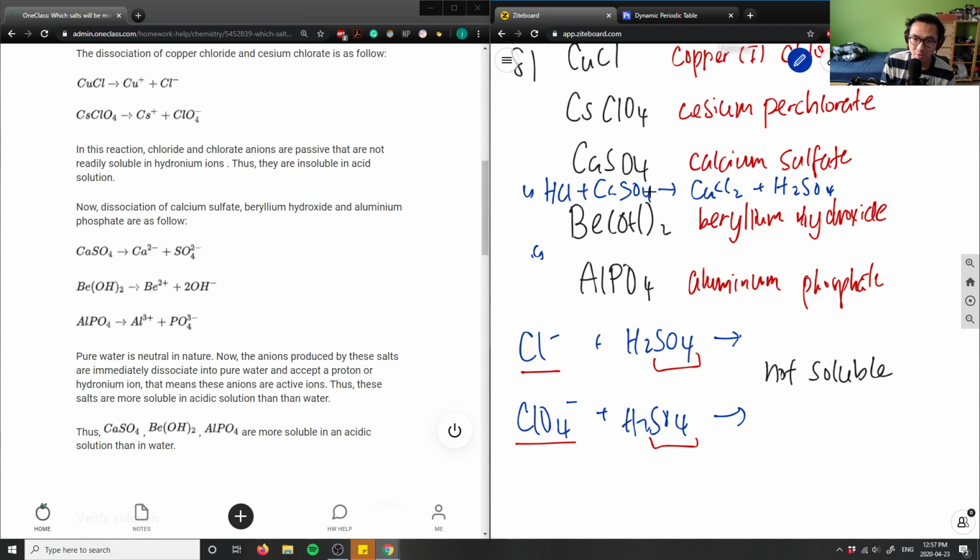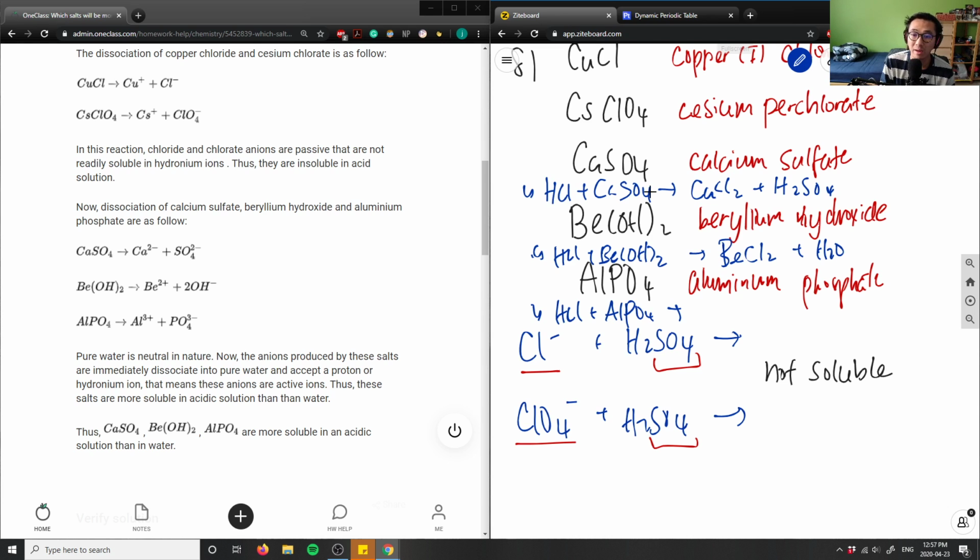If I were to dissolve beryllium hydroxide, HCl plus Be(OH)2, this one would actually be a neutralization reaction, right? You have a base and an acid, right? So this here would become BeCl2 plus H2O. So this is a neutralization, which will definitely be soluble. And finally, I have aluminum, so HCl plus AlPO4.